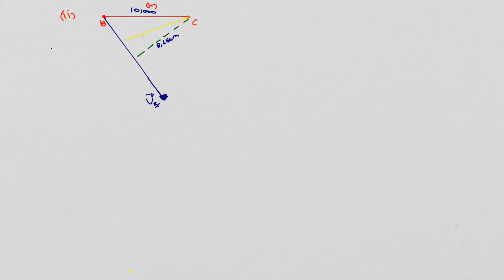So that could be 9,000 metres, and that could also be 9,000 metres. In other words, essentially what we're doing is we're drawing a circle of radius 9,000 metres. So this is our 9 kilometres.